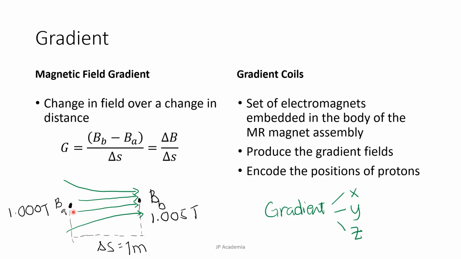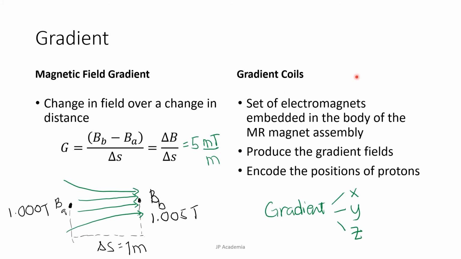So let's say at this point we have 1 Tesla, at this point we have 1.005 Tesla, and the length here, or the distance, is 1 meter. Therefore, we can have this measurement of gradient using this formula. So about 5 millitesla per meter.